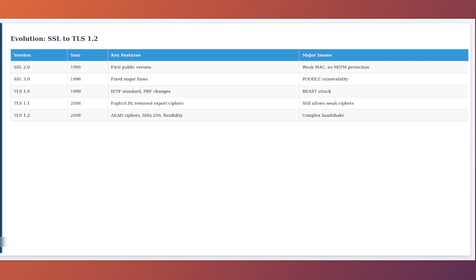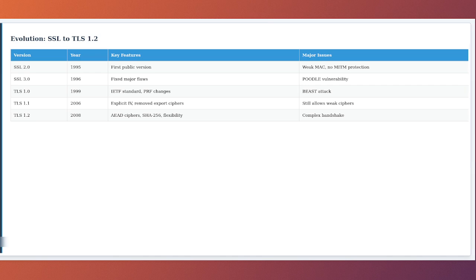Secure Sockets Layer 3.0, 1996, fixed many of these issues but still had fundamental weaknesses that would later be exploited in attacks like POODLE. TLS 1.0, released in 1999, was essentially Secure Sockets Layer 3.1 with minor improvements. The changes were subtle but important.